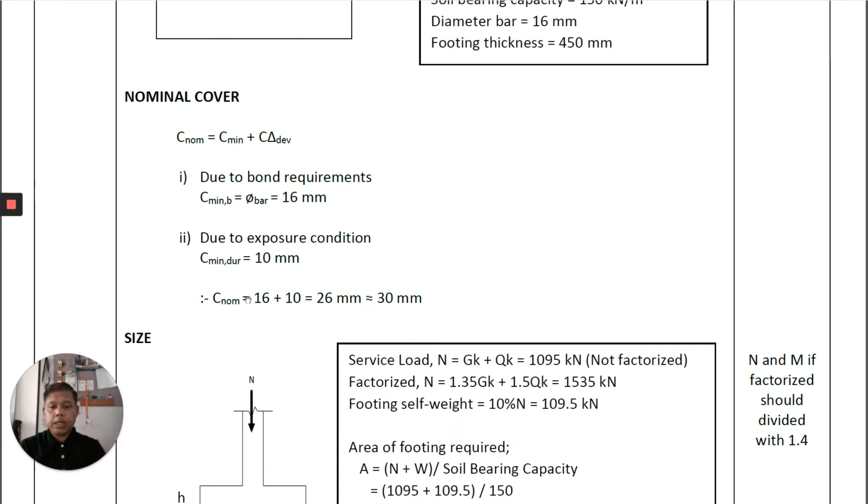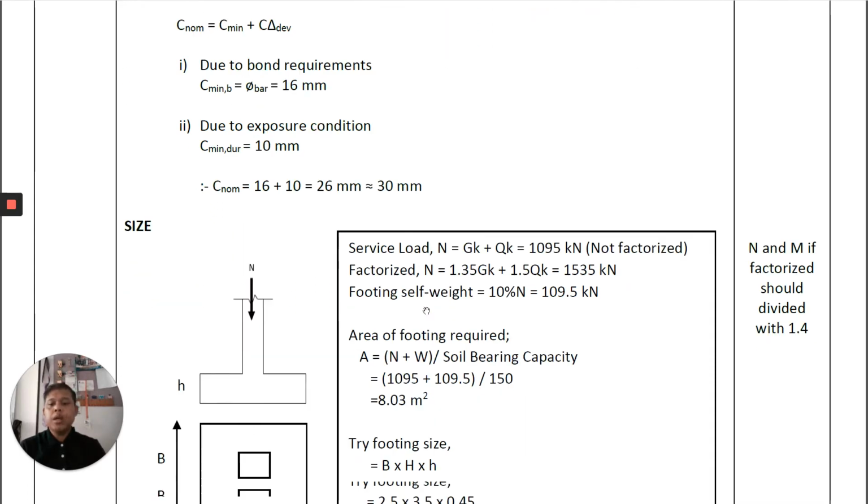Therefore, the C nominal is equal to the comparison between C minimum due to the bond requirement and exposure condition, whichever is the maximum one. In this case, the answer is 16 millimeter, plus the deviation 10 millimeter, equal to 26 millimeter. Therefore, the nearest biggest 5 is equal to 30 millimeter.